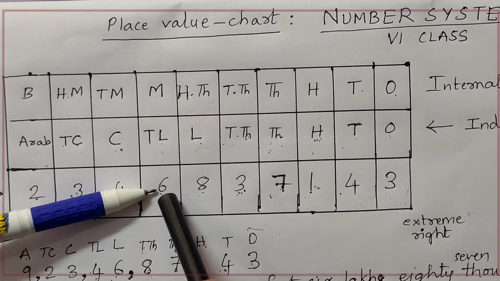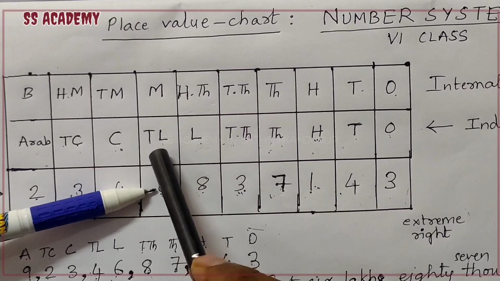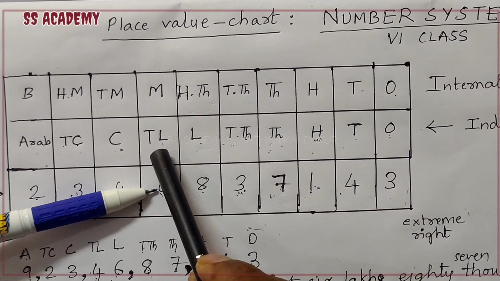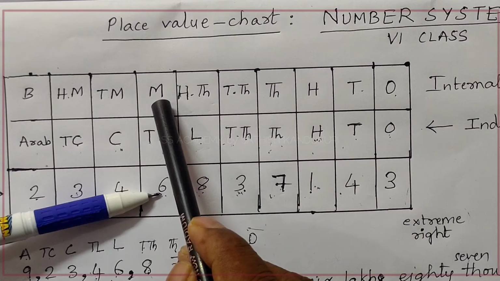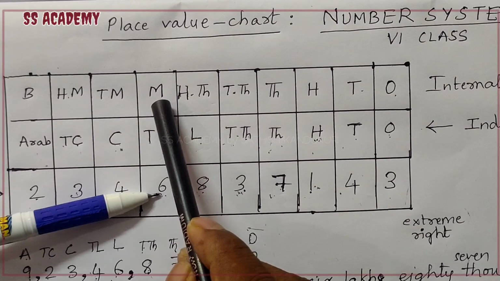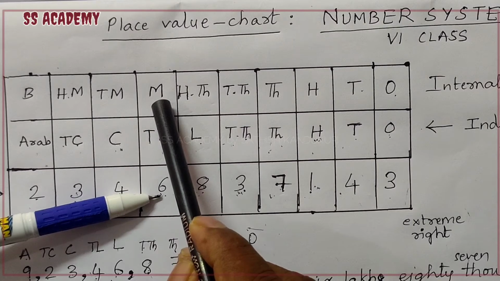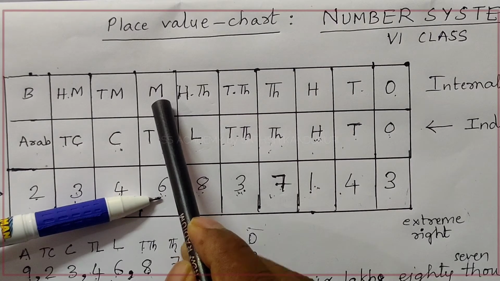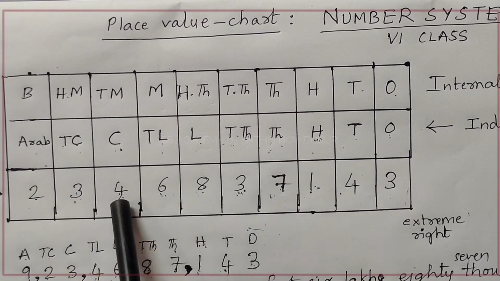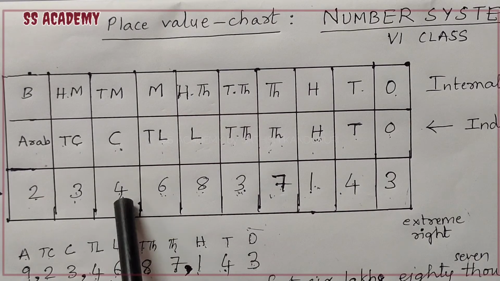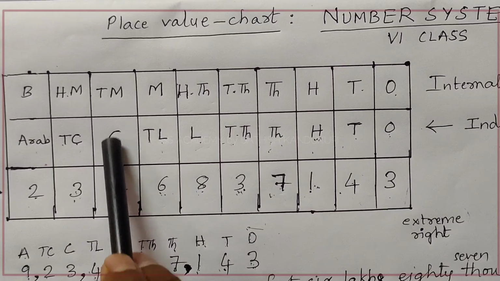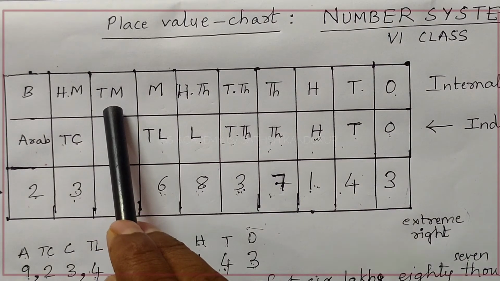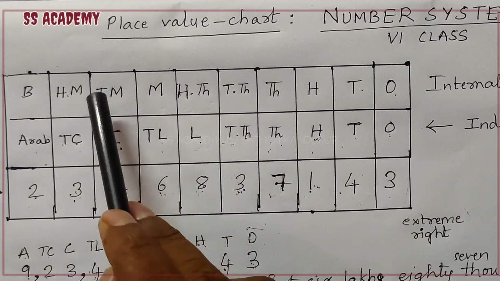In the Indian system this 6 is considered as 10 lakhs, but in the international system it is called millions. Then after 6 we have 4. In the Indian number system 4 is in crores place, but in the international number system it is 10 millions.